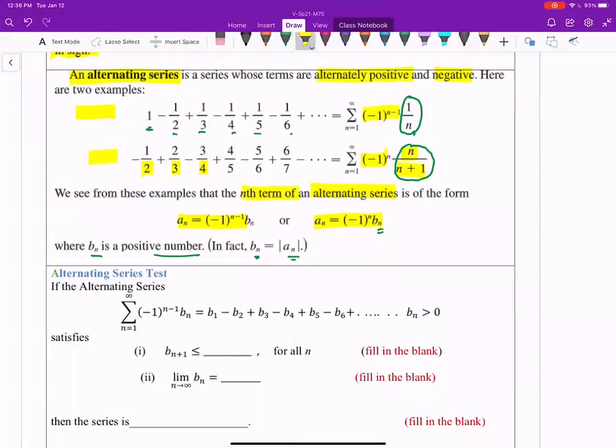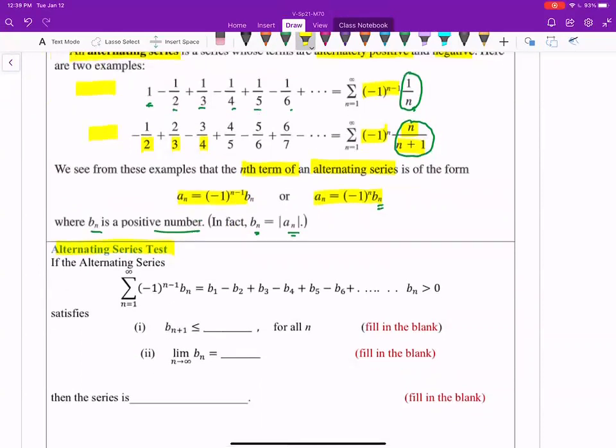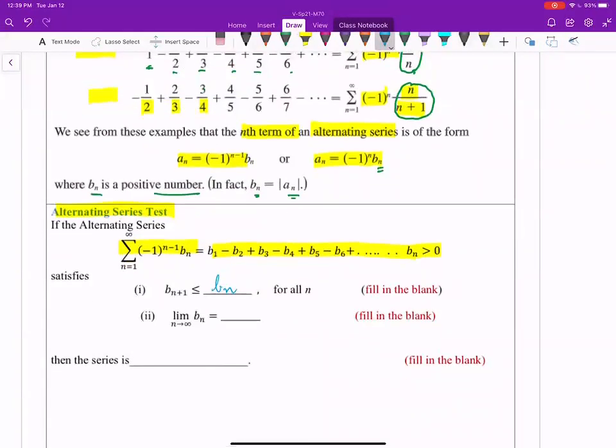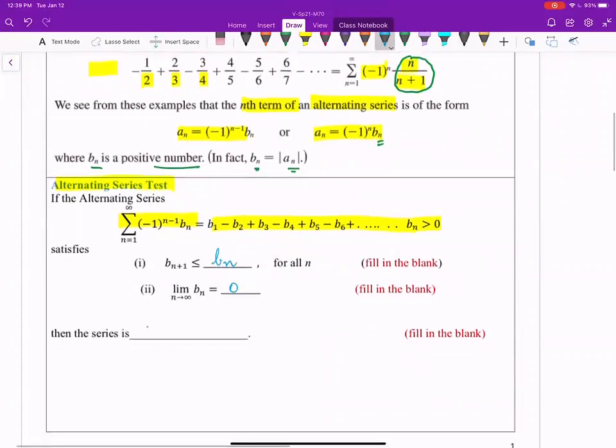So what is the alternating series test? If the alternating series, sigma of negative 1 to the power n minus 1 times b sub n, equal to b1 minus b2 plus b3, etc., alternates, and the b sub n's are all positive, and it satisfies the two conditions: b sub n plus 1 is less than or equal to b sub n for all n, which means the sequence b sub n is decreasing, and the limit as n approaches infinity of b sub n equals 0, then the series is convergent.